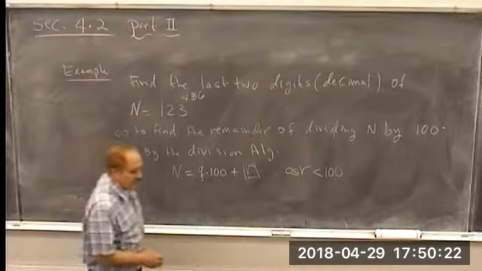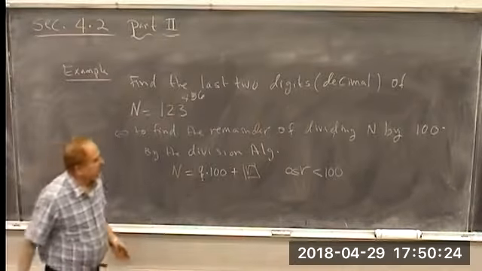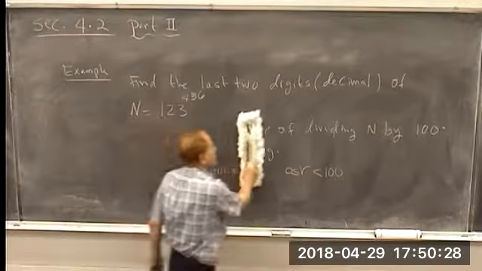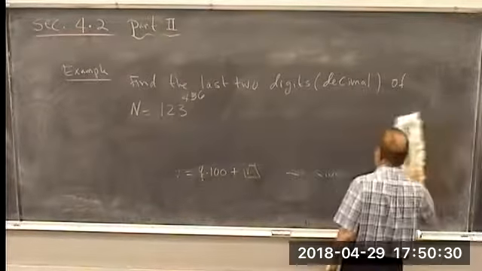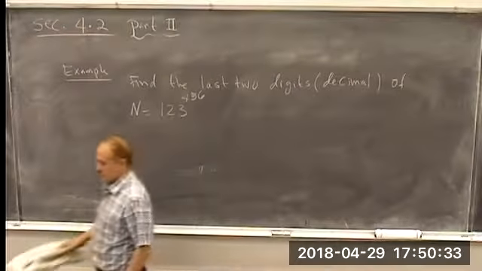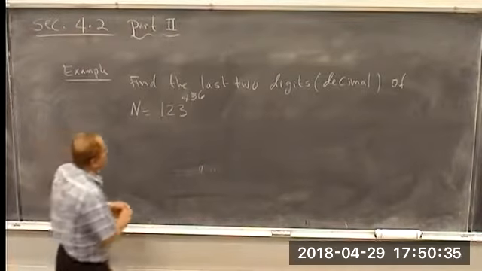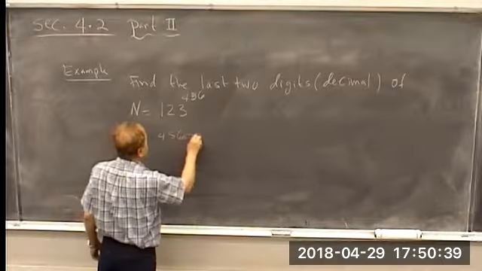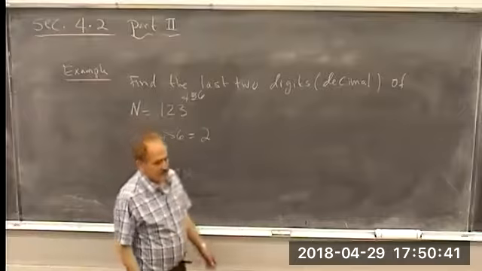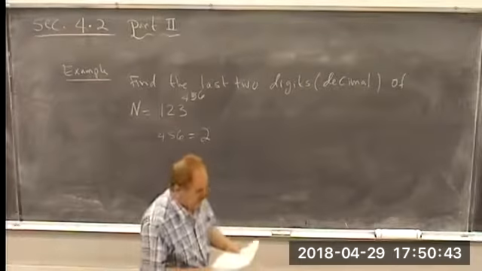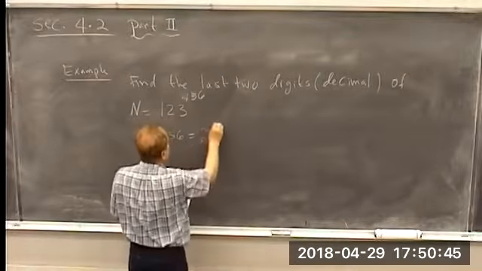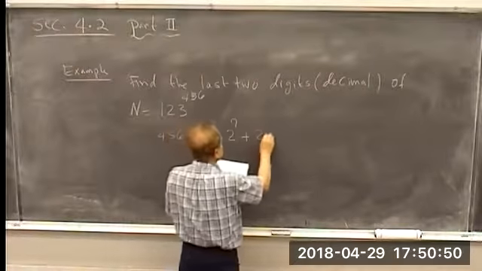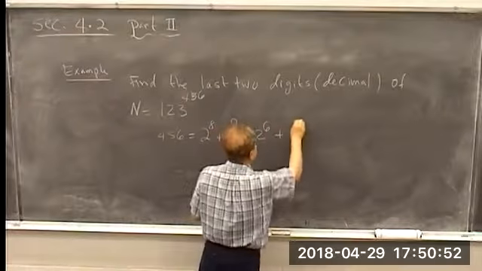So the idea is similar now. We're going to take the exponent 456 and write it as a sum of powers of 2, which is 2 to the 8 plus 2 to the 7 plus 2 to the 6 plus 2 to the 3.